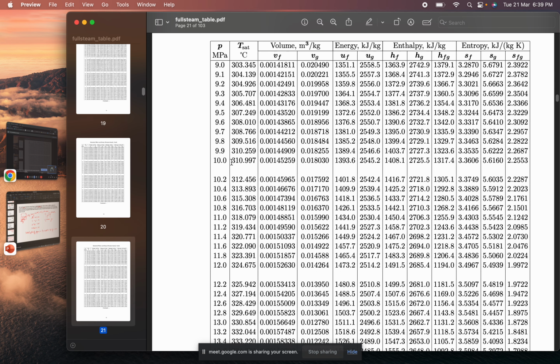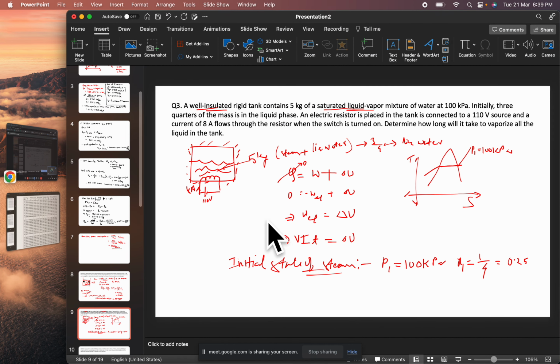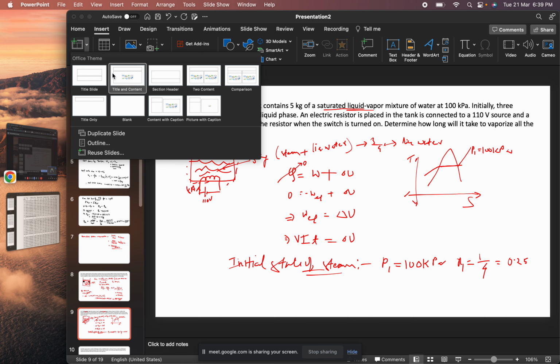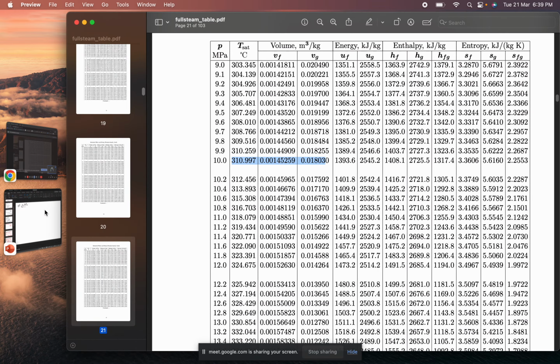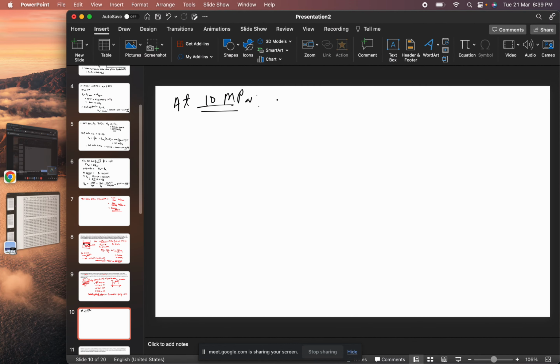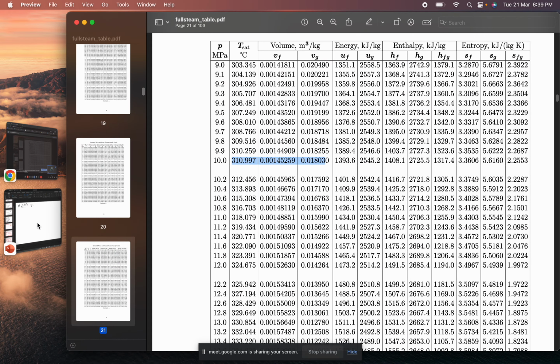At 10 megapascal, what are the things I know? Vf is equal to 0.0014.